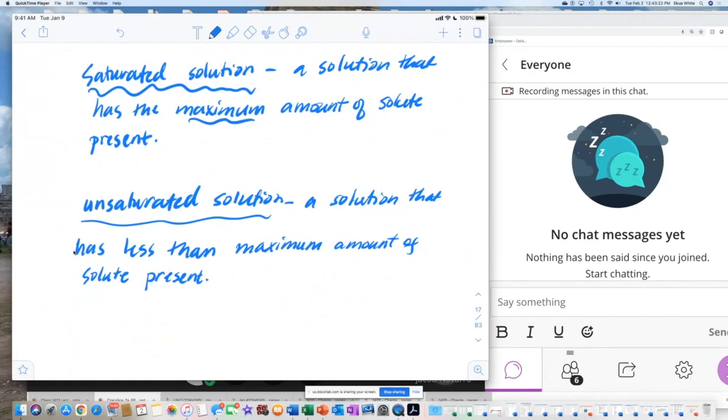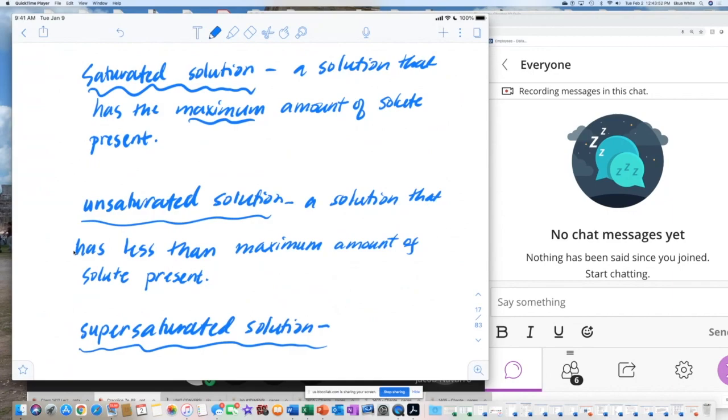What do you think supersaturated is? Supersaturated solution. What do y'all think that would be, based on this logic we've been on? Saturated, unsaturated, supersaturated. Anybody want to try to define it? Then I'll explain how it happens.